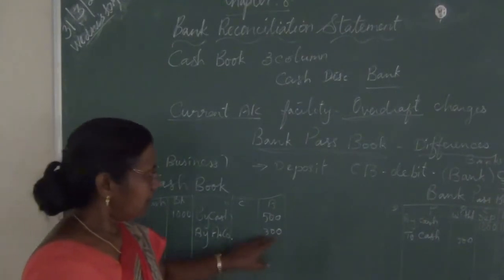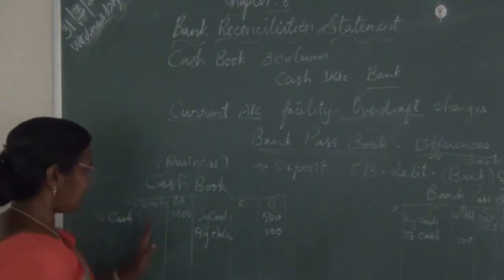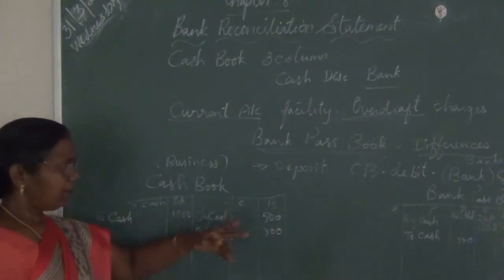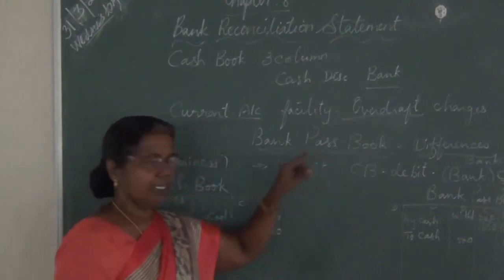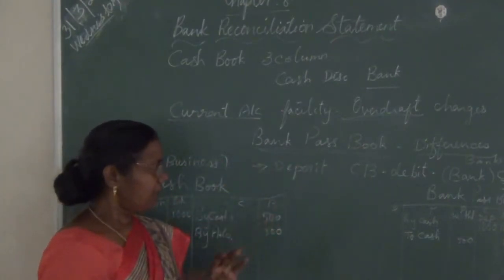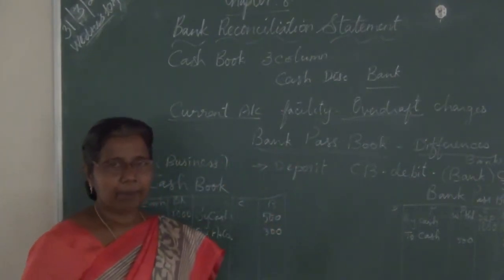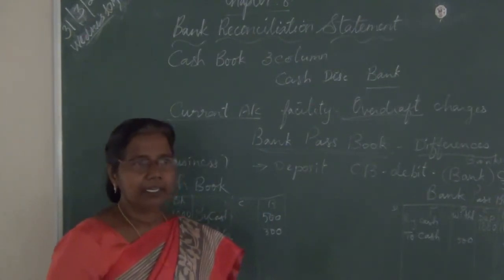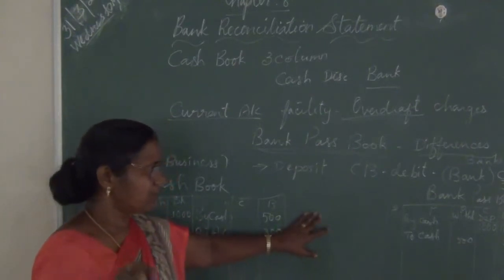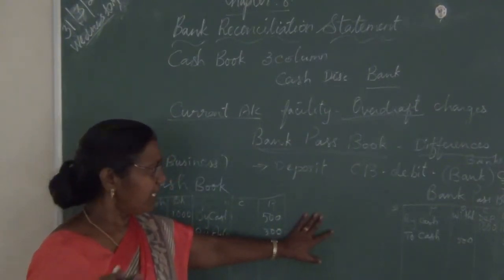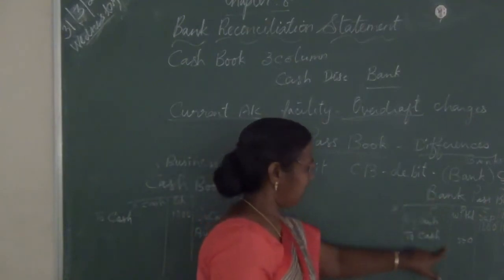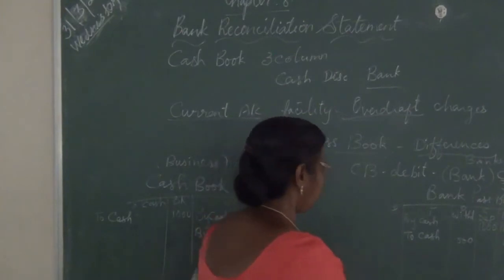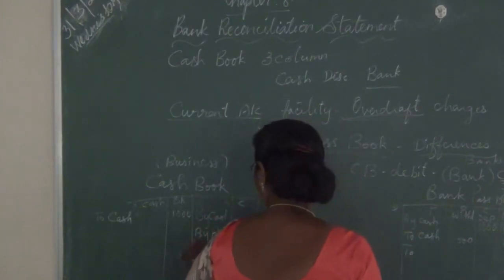When we issue that check, on the same date we will enter it in the cash book, but the bank will never enter it the same day. The check will be given to our supplier. The supplier may take it, and whenever he needs money, he will deposit that check in his bank. When it goes to our bank for collection, that day only they are going to enter that one. To whom are they paying?